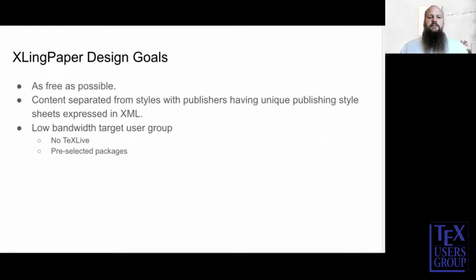Content separated from styles, with publishers having unique style sheets expressed in XML. When I talked a few screens ago about the different document types, publisher style sheet is one of those. A core idea in XLingPaper has been to keep the content independent of the final publisher style, and to differentiate those and allow the abstraction of publisher styles so that one can take a document from one publisher style to another, and give the author some flexibility in that regard.